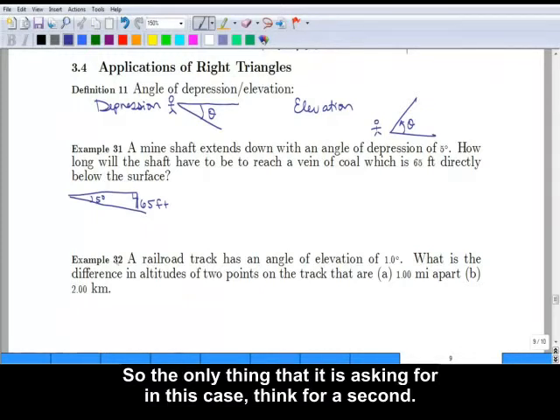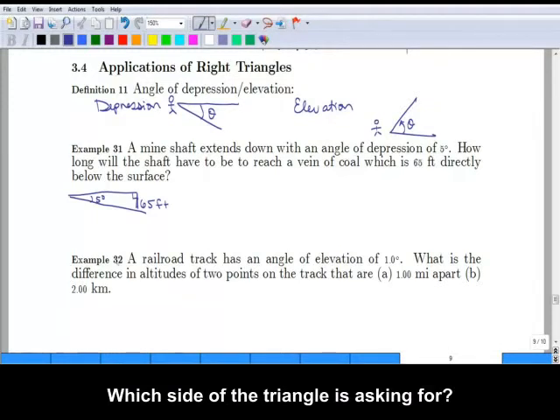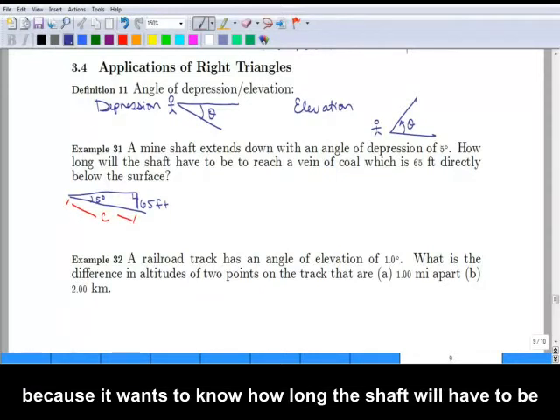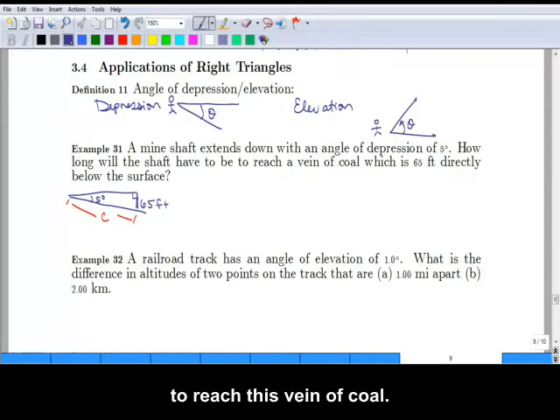So the only thing that it is asking for in this case, think for a second, which side of the triangle is it asking for? It's asking for the hypotenuse here, C, because it wants to know how long the shaft will have to be to reach this vein of coal.